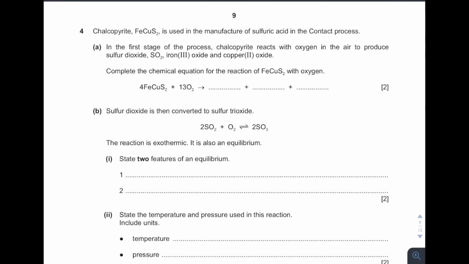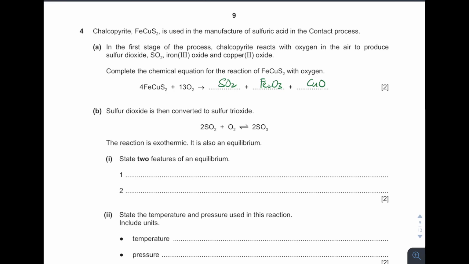It is mentioned here that sulfur dioxide will be produced with iron(III) oxide and copper(II) oxide. So the products are sulfur dioxide, Fe2O3 and CuO. And next, we have to balance the equation.